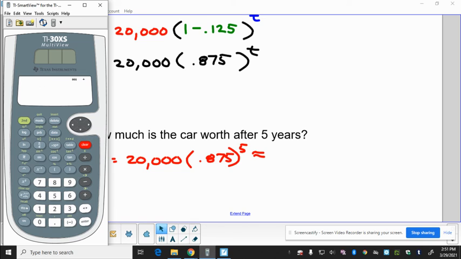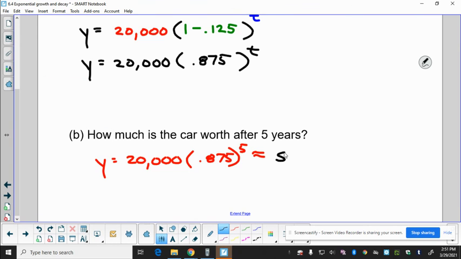So we should always round to the hundredth or the whole dollar, whatever you want to do on this is no big deal. 0.875 raised to 5 years later. Okay. I'd say about $10,258 would be okay. And if you want to take that out to the hundredth, go ahead, but you get the idea. All right, let's move along.